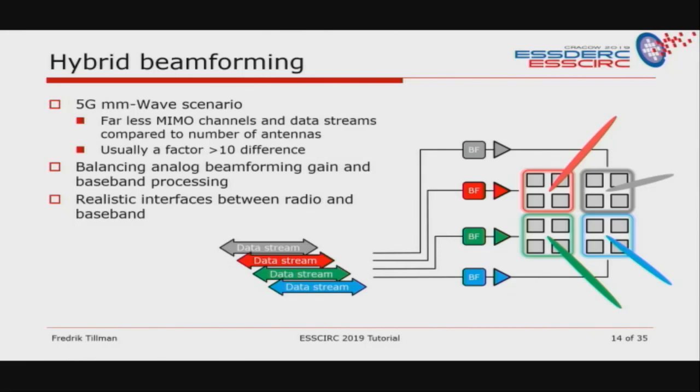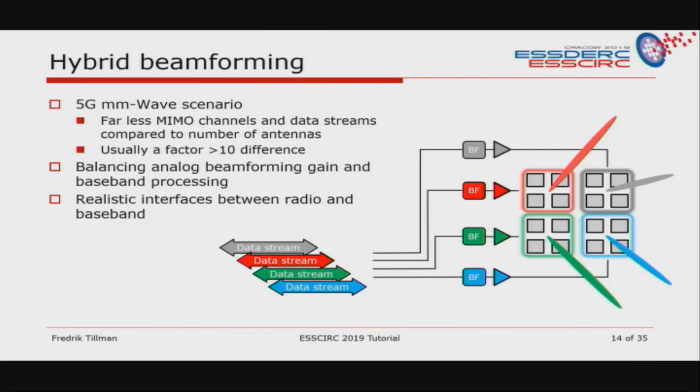The good part here is you might actually get realistic interfaces in place. You will see in the coming slides that you will also be able to trade off when it comes to power consumption, so you can find a good compromise between these two domains. And this is, I would say, currently, if you look into millimeter wave deployments, what will be on the market first, these kind of systems.